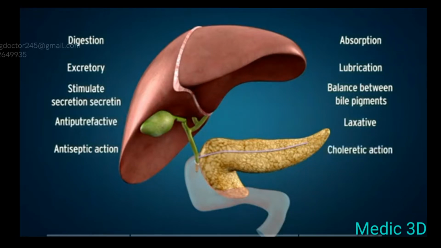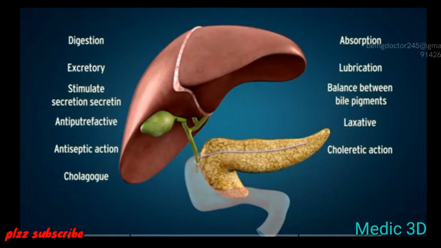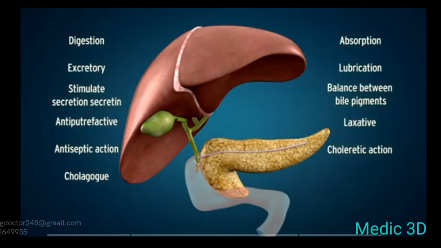Choleretic action. It helps secretion of bile by hepatocytes. Cholagogue function. Bile salts present in the bile cause the secretion of the hormone cholecystokinin, which increases the contraction of the gallbladder and thus increases bile secretion. Maintenance of pH.